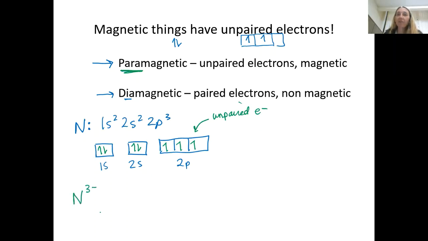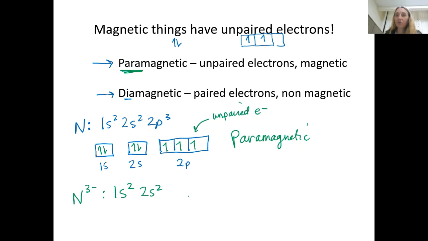If I have N3 minus, my electron configuration is 1s2, 2s2. Is N3 minus paramagnetic or diamagnetic? Okay, so here all of the boxes are full, right?